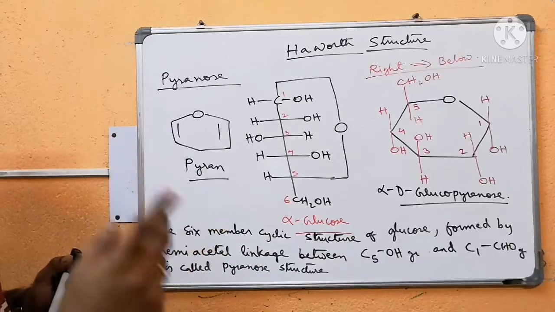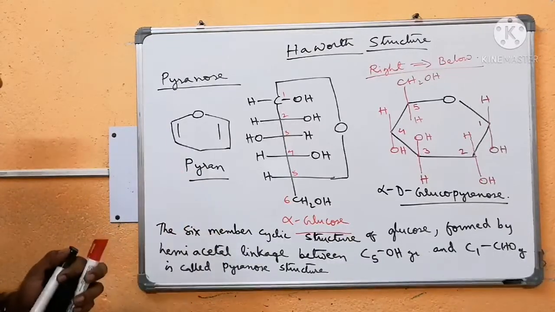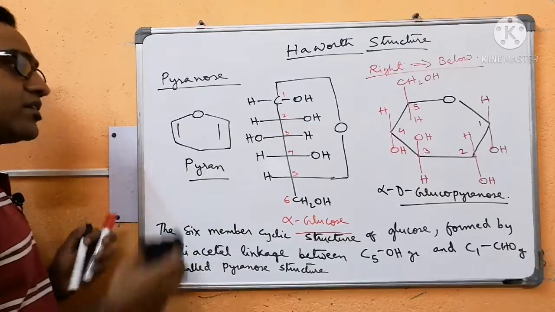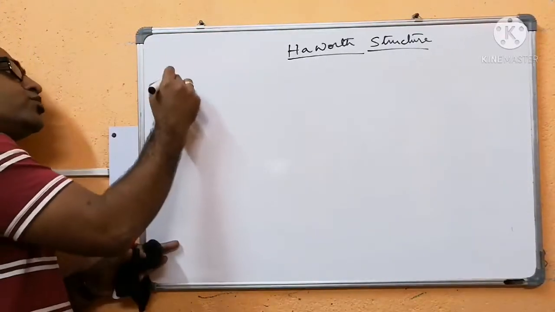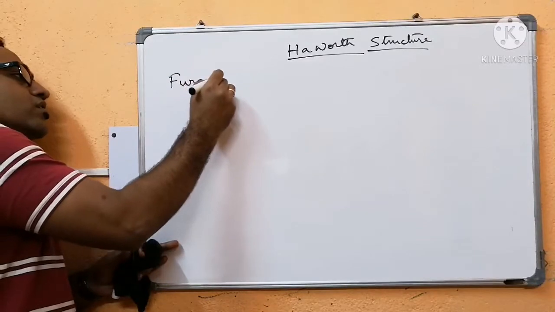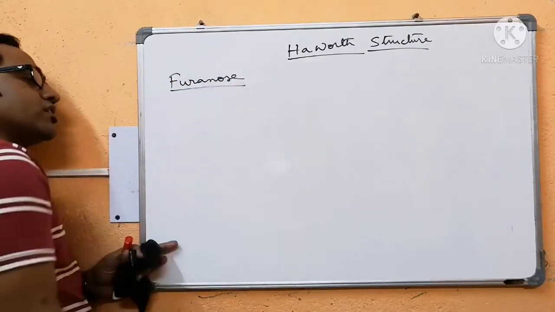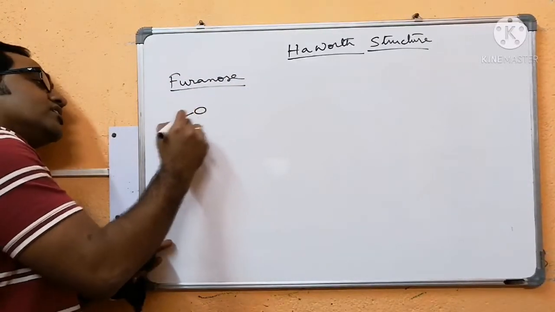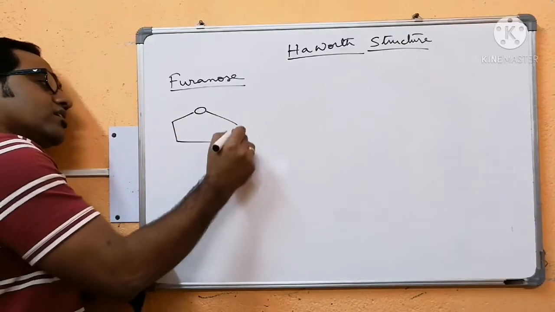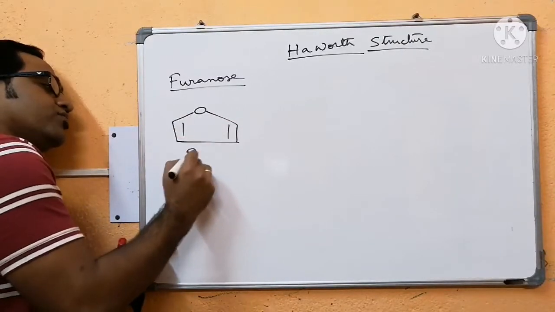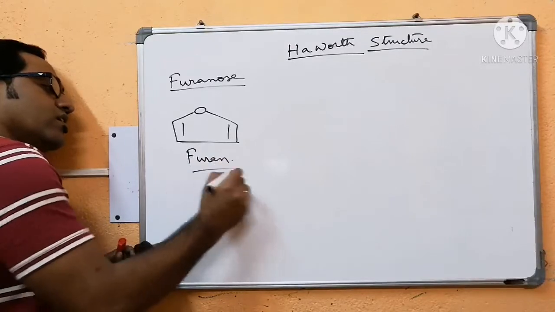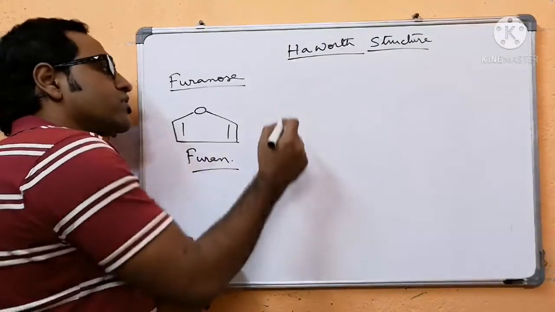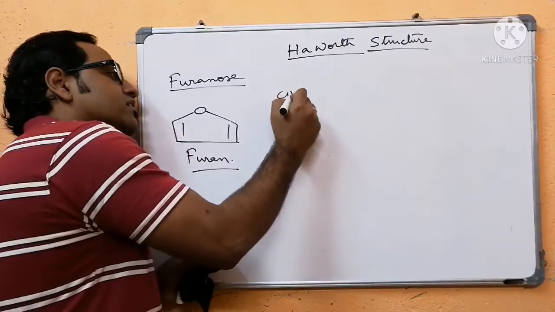So for fructose, it is furanose structure. Next is furanose structure. Now furan has a structure like this. This is furan. So fructose has the structure CH2.